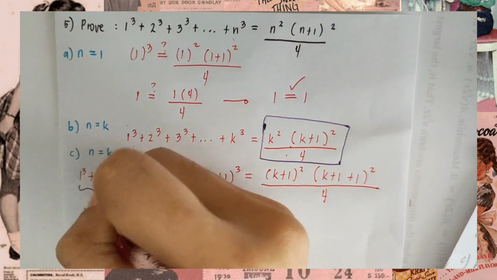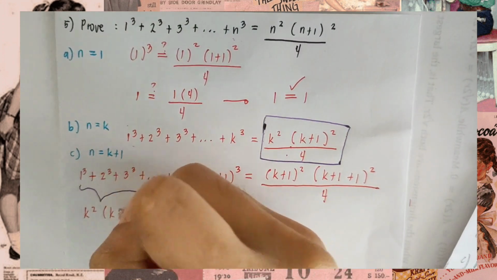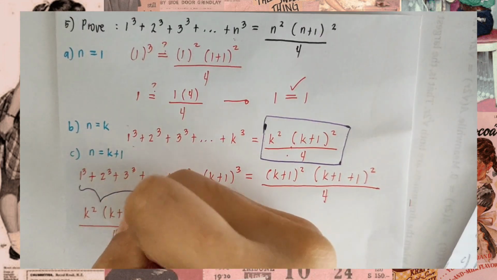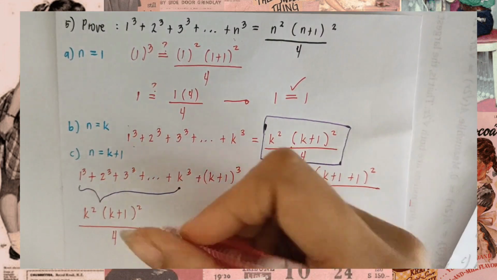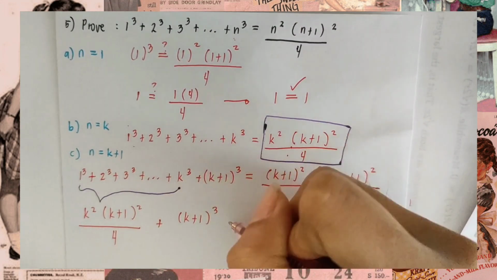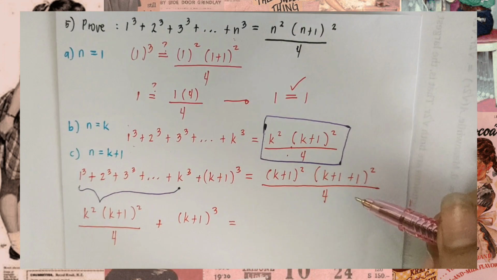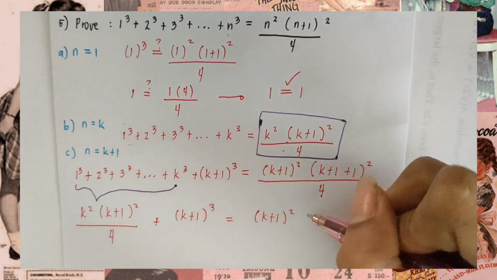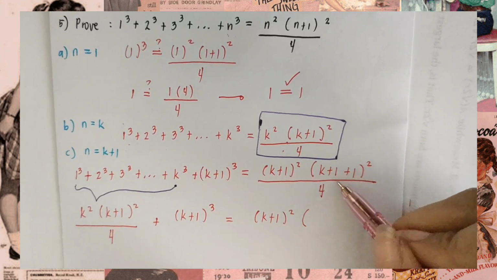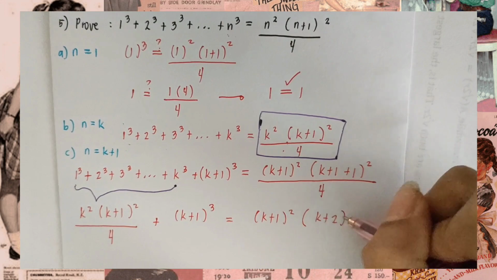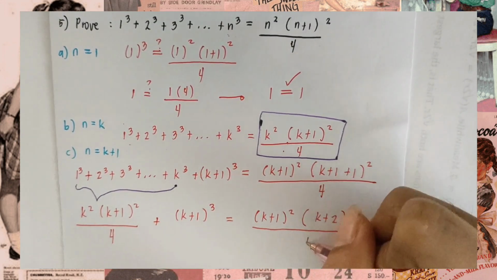We have k squared times k plus 1 squared over 4. Next, copy plus k plus 1 cube. And then copy your right side of the equation. We have k plus 1 squared. And then simplify, k plus 1 is k plus 2. So we have k plus 2 squared over 4.